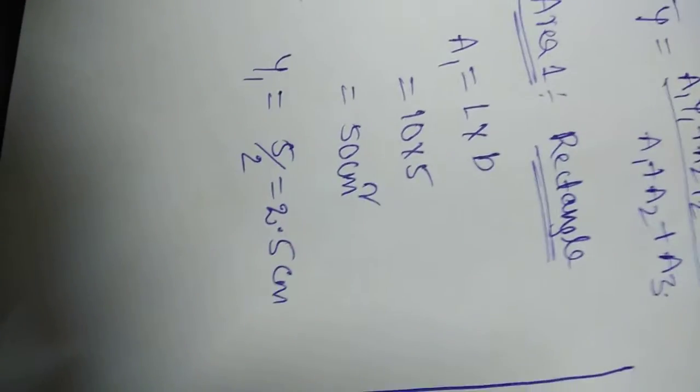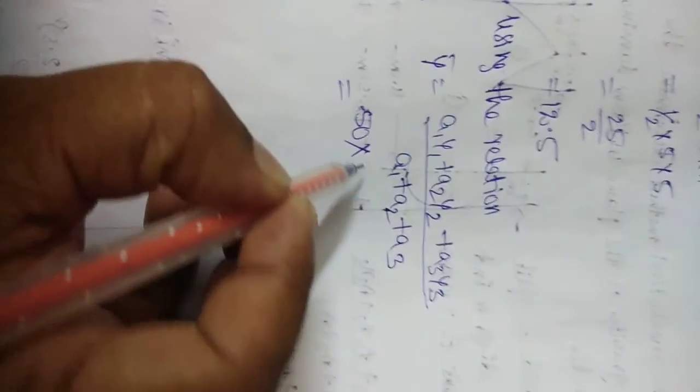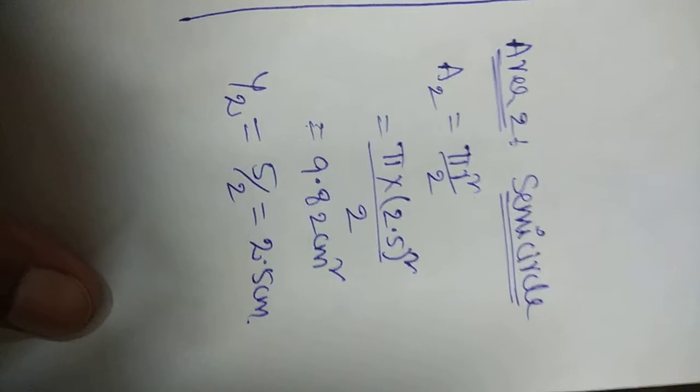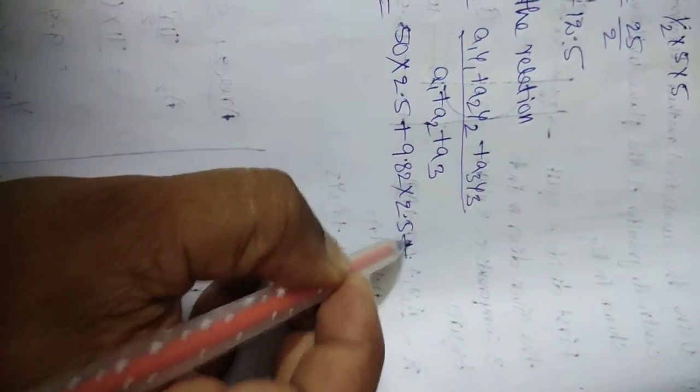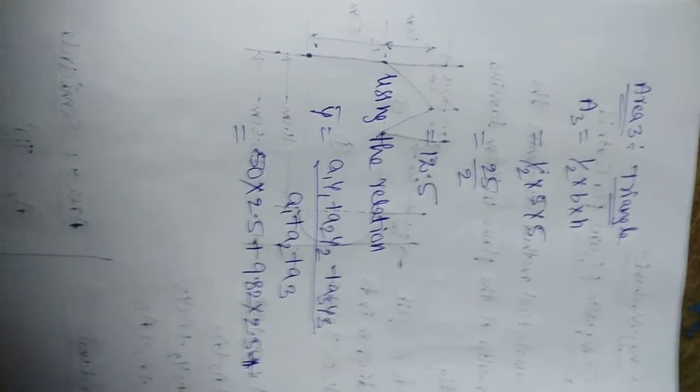A1 is 50 centimeter square, into y1 which is 2.5, plus A2 which is 9.82 into Y2 which is 2.5, plus A3 which is 12.5 into Y3.